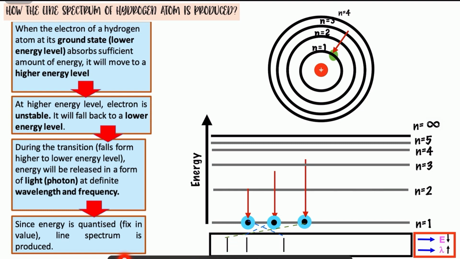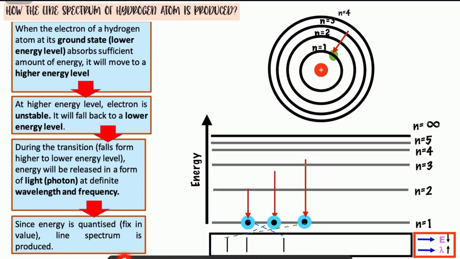So there are 3 diagrams here. This is the atomic model, this is the energy profile diagram, and this one is the line spectrum. From the left to the right, the energy is lower, which shows that this line has the lowest energy.